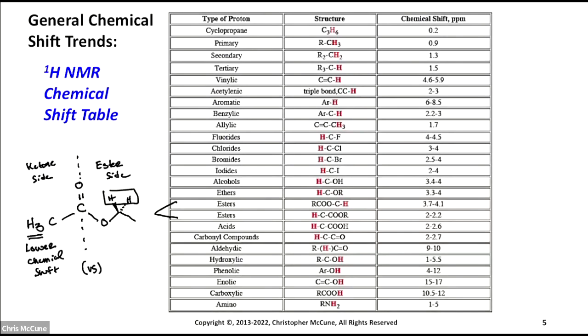Roughly, these are around 4, and these are roughly around 2 ppm. And so when you look at this table and you look at the entry for esters, that's why you're seeing two different values, because you have two different types of environments about that carbonyl. You have the ketone side. If you had a ketone, that's where you would see ketones as well. And that's why there's no entry for ketones on this table, because we already have it here in the ester entry, which I'll just say is the entry for a ketone as well.